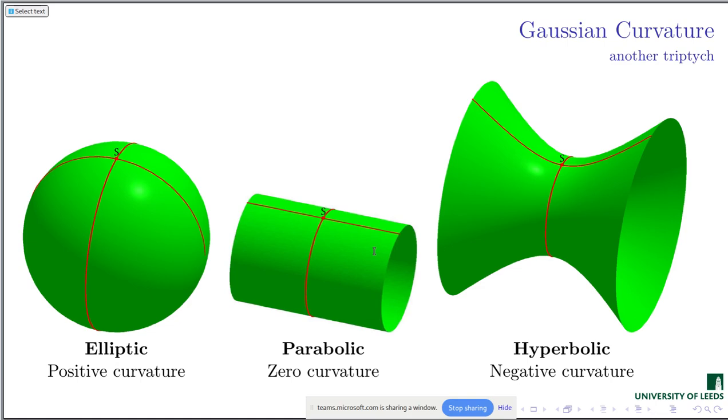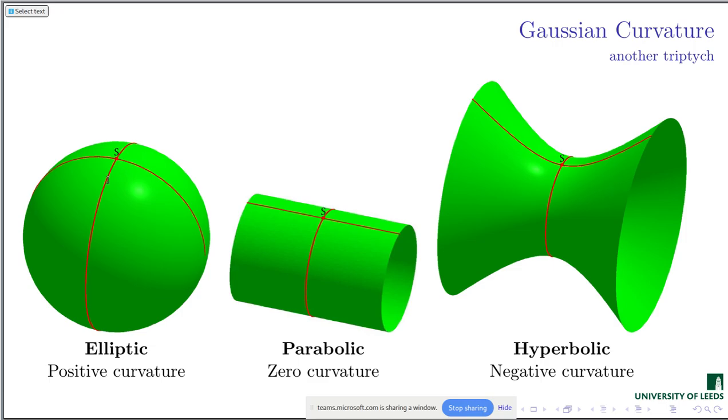So we move further. The next mentioned object is the Gaussian curvature, which we have again split into three. The Gaussian curvature is defined in the following way. We take the two main curvatures on the surface and multiply them.